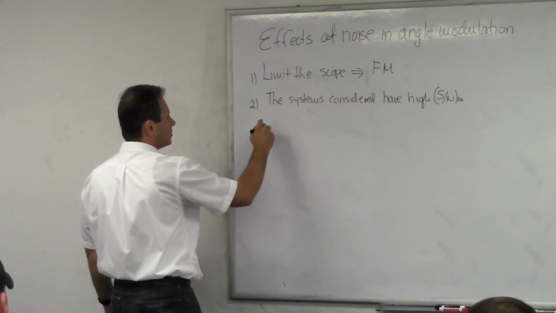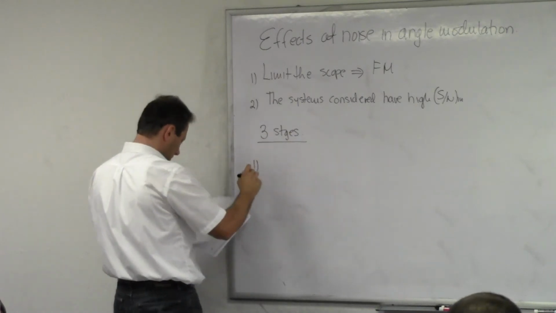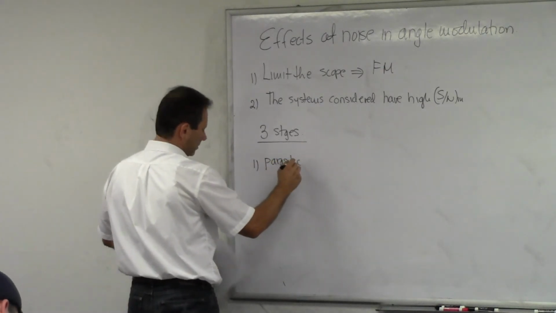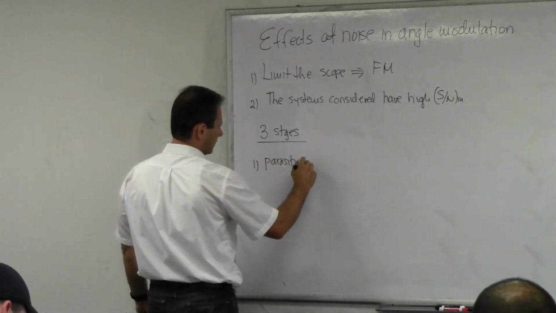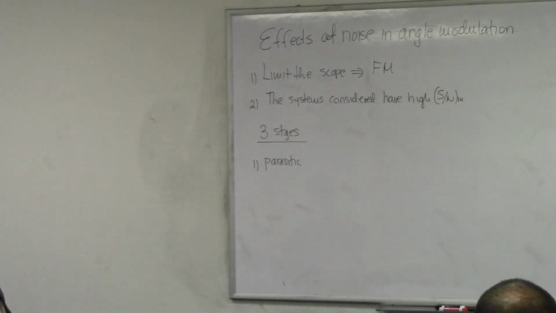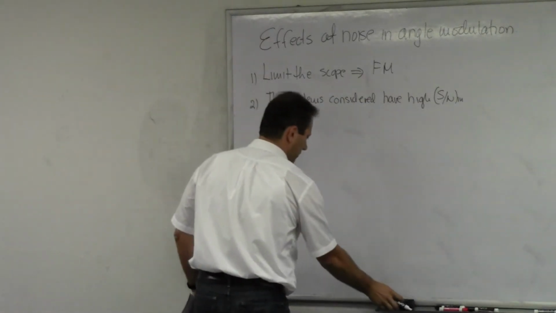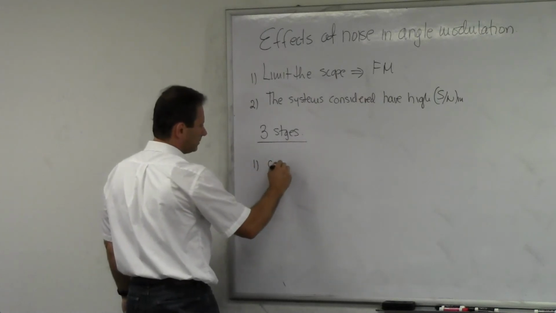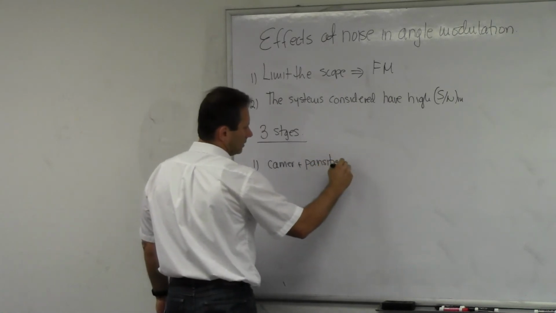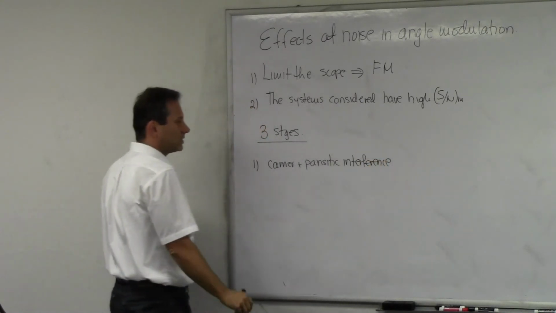So the problem is going to be approached in 3 stages. In the first stage, I'm going to look at just a carrier with a parasitic interference, and I'll specify in a second what that means. So it's going to be carrier plus parasitic interference. That's going to be the first case that we're going to consider.